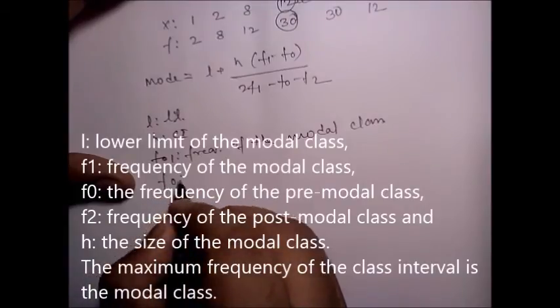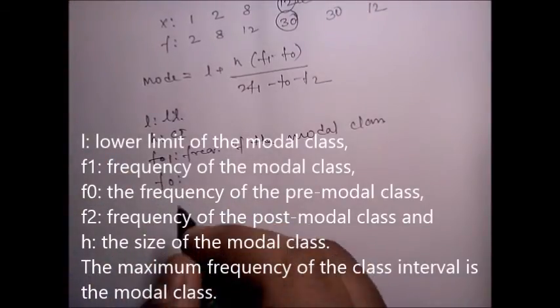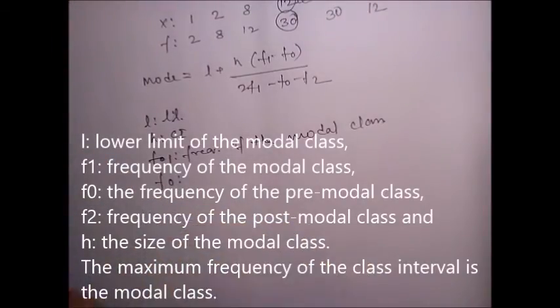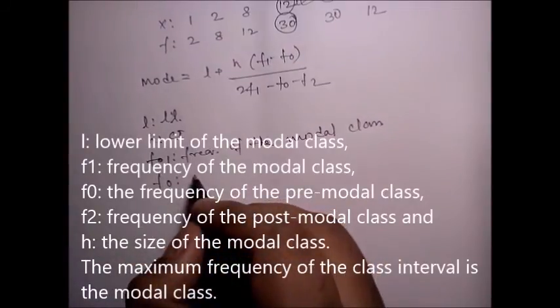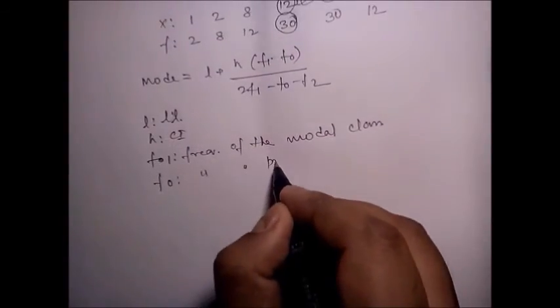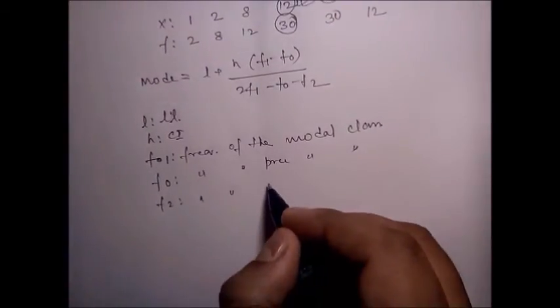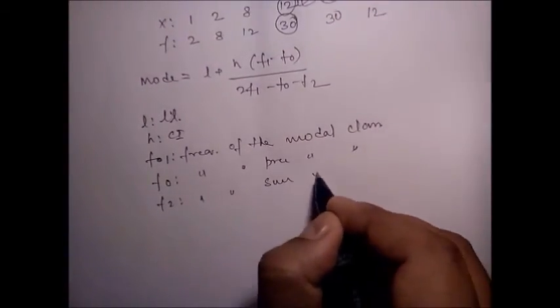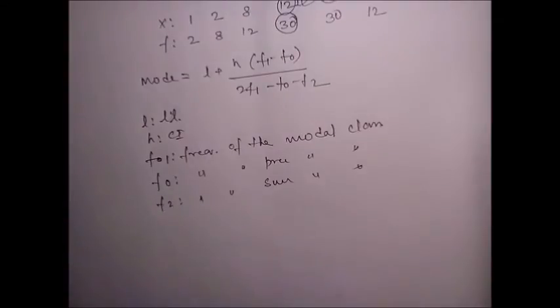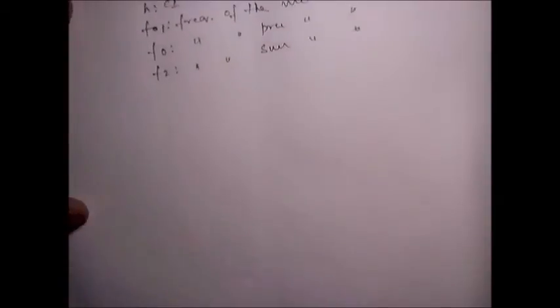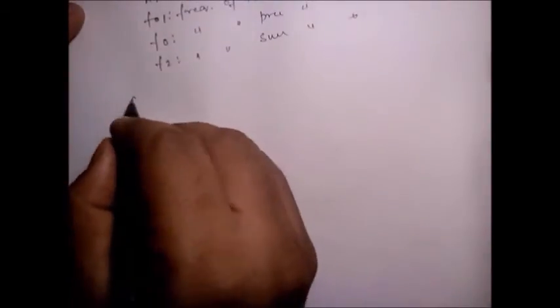What is f0? f0 is the frequency of the class preceding the modal class. And what is f2? It is the frequency of the class succeeding the modal class. Clear? Now just see one example.